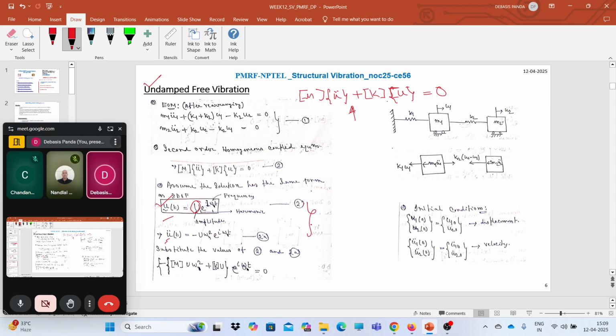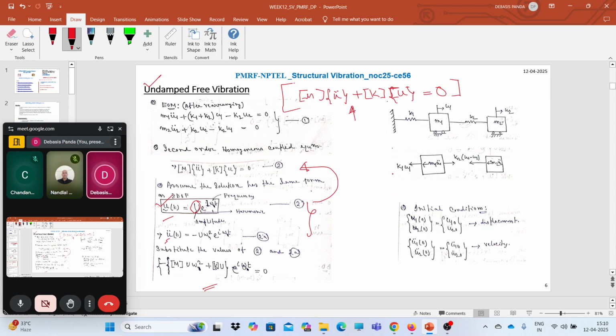If we put these two back into this equation, equation number 2, what will we get? We will get minus m u omega square plus k u, times e to the power i omega t, equals 0. Now, obviously, it's a dynamic system, so there should be some initial conditions.